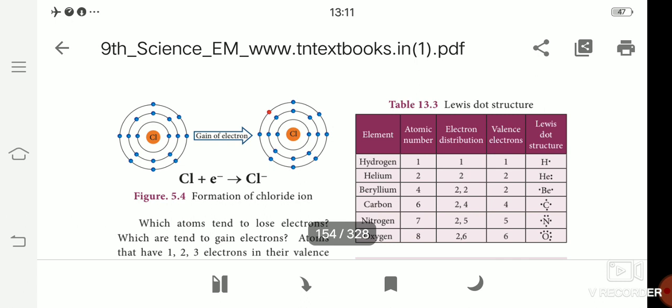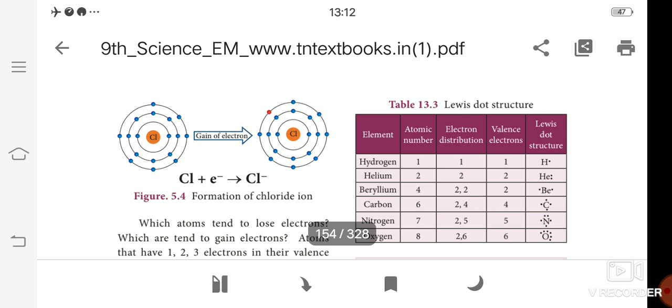So all the elements have different valence shells in their electronic configuration, so the way in which they combine to form compounds is also different. So there are different chemical bonds, such as the ionic bond and covalent bond, depending upon the type of bond and their characteristics or properties.